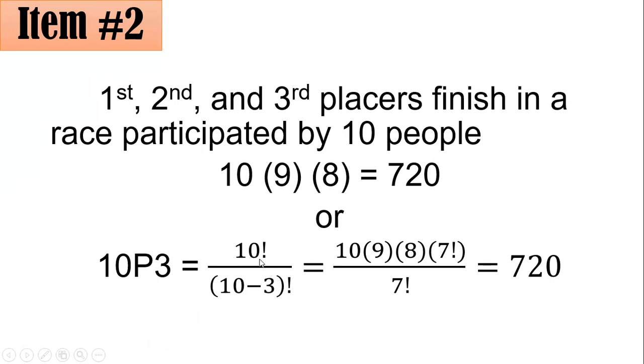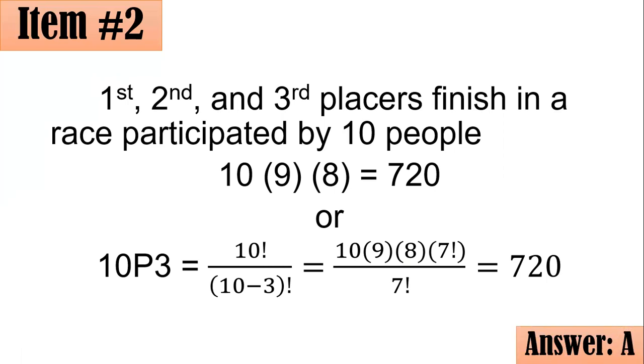The 10 factorial could be expressed as 10 times 9 times 8 times 7 factorial all over 7 factorial. I'm going just until 7 factorial because I could cancel them in both numerator and denominator. What's left in the numerator is 10 times 9 times 8, which is 720. Letter A is the correct answer here.